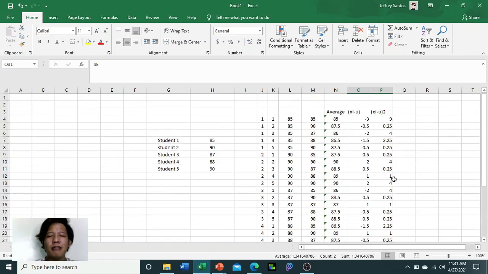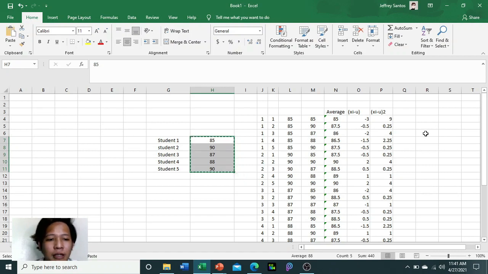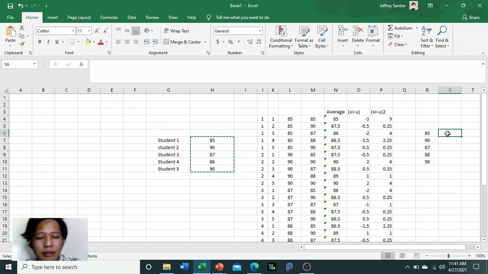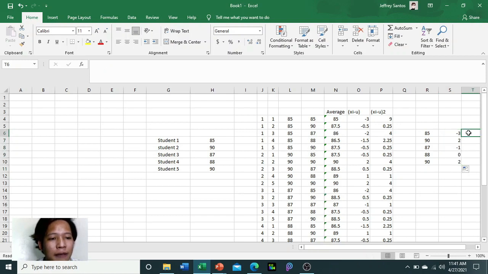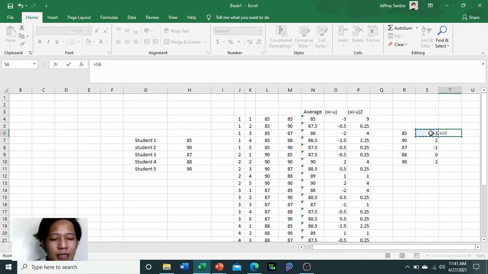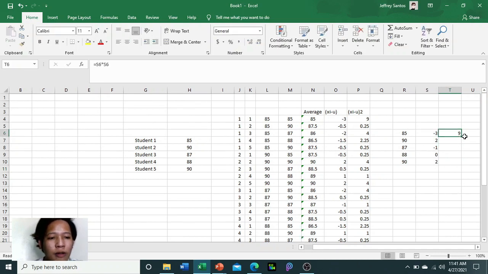To which, kapag kinompare natin siya sa standard deviation ng ating population, so we have here this one. So we have ito, ima-minus pa natin kay mean, that is 88. And then we're going to have its square. So we have this, multiply by itself.